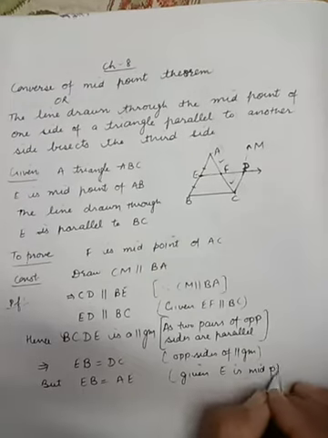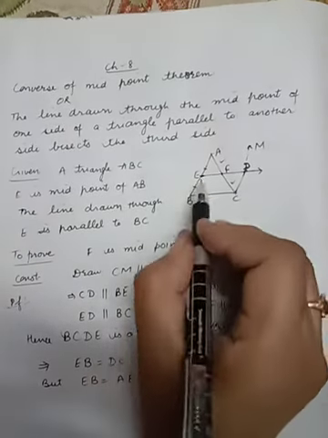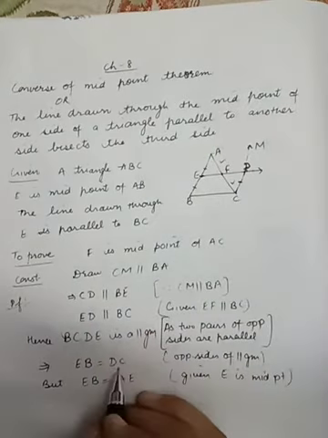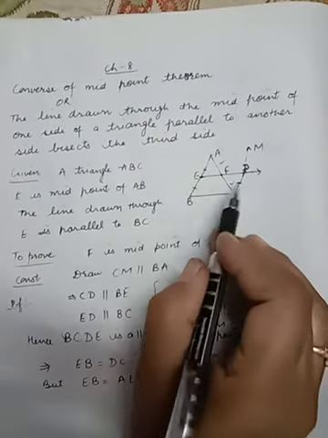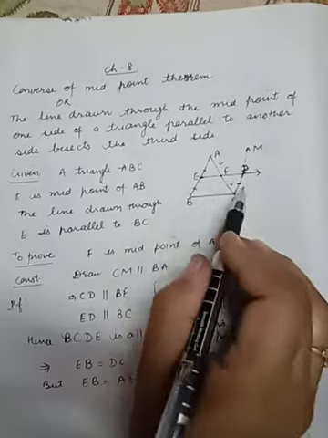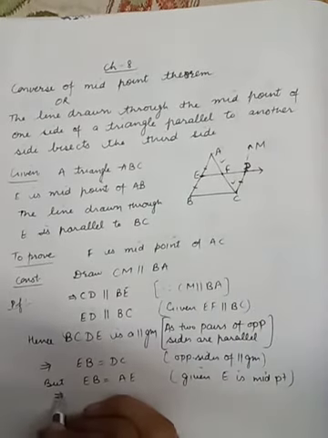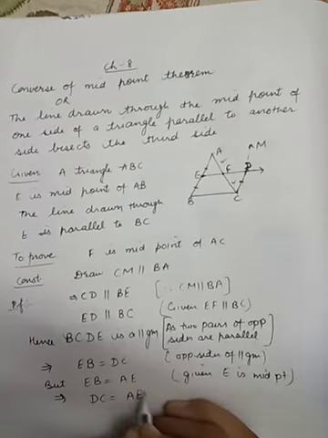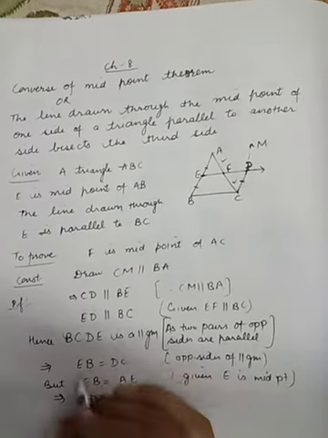Right? E is the midpoint, so this part is equal to this part. But EB is equal to this side also, we have proved. So EB is equal to this and EB is equal to this. What it implies, these two are also equal to each other. So DC and AE are equal to each other from these two.